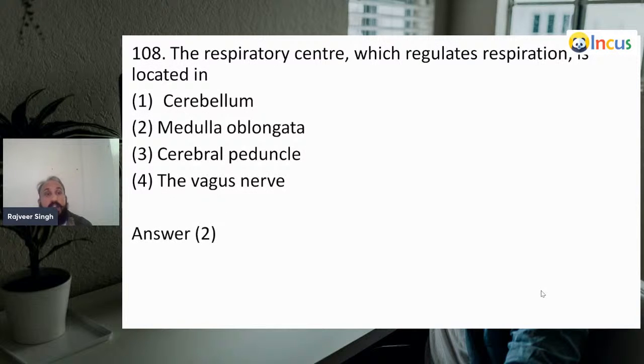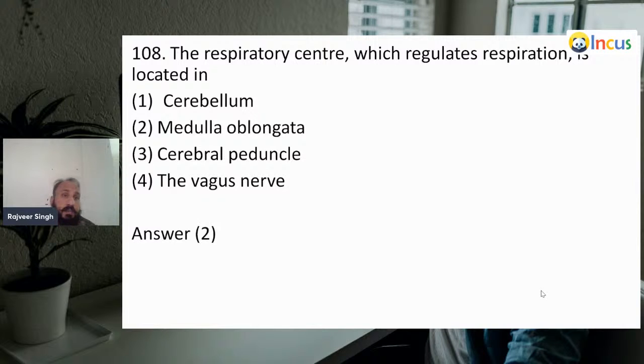Okay. Now the next question is about the respiratory center, which regulates respiration. Is it located in the cerebellum, medulla oblongata, cerebral peduncle, or the vagus nerve? The answer will be medulla oblongata, because I already talked about the medulla oblongata and pons in my previous session.